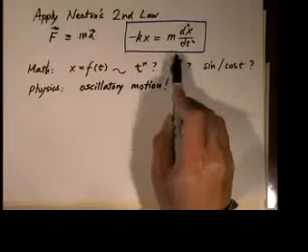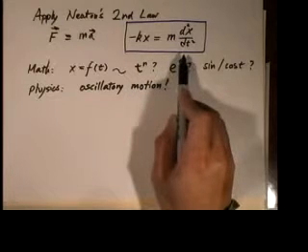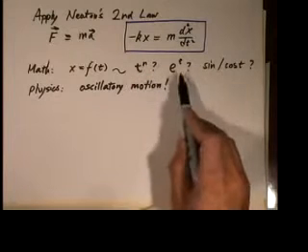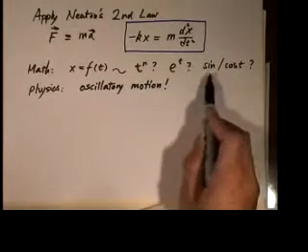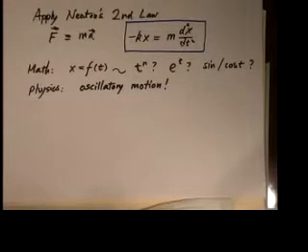So x will alternate between positive and negative values. It has to be an oscillation. Power function is not an oscillation. Exponential function is not an oscillation. But sine, cosine, these are indeed oscillatory functions. So you see, it makes sense, both physically and mathematically, that we should be looking for a sine or cosine function. Okay, so what kind of sine or cosine function?